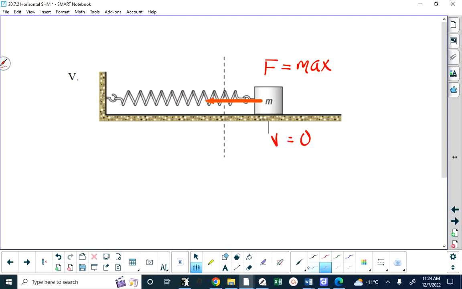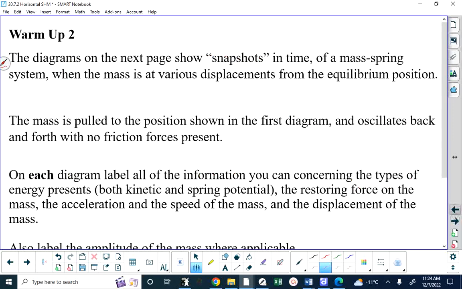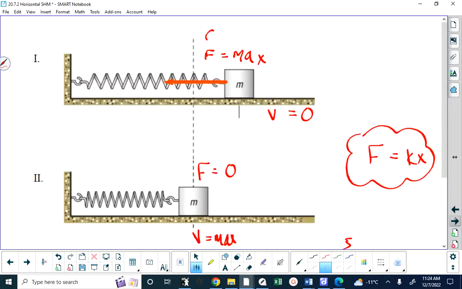What about the acceleration? Well, the acceleration at this point will have a maximum value. And I know that that's very counterintuitive to most people, because you look at that and you say, well, wait a minute, it's not moving there. How is the acceleration the greatest?